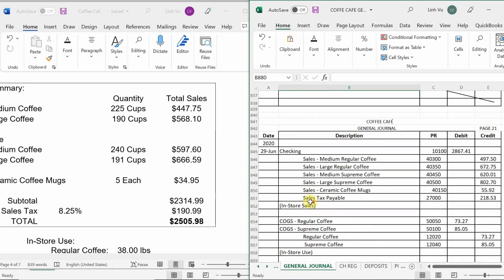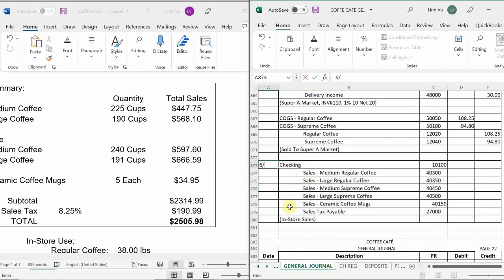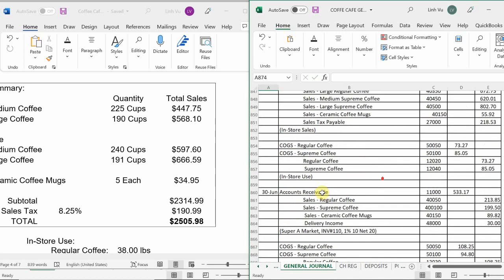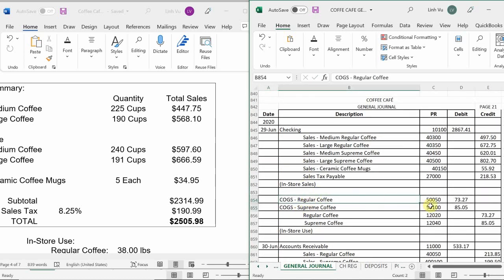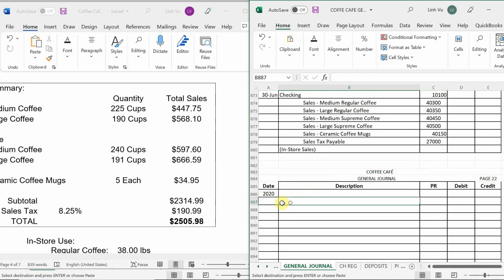Okay, so you have enough for the first one. And then we're gonna have to continue the rest on the other page. So copy this. And then we need to do the cost of goods sold on the new page. Okay.